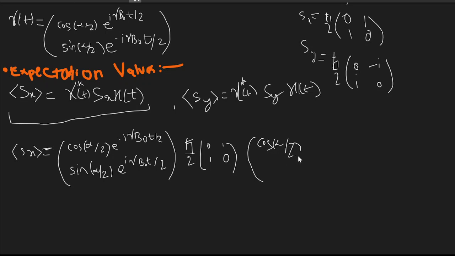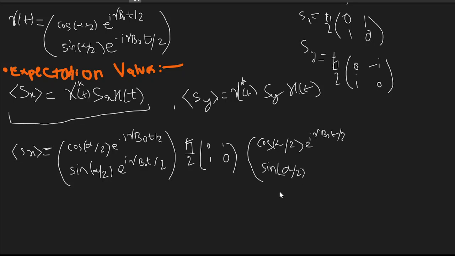2. Cos alpha divided by 2 e to the power, no, in this case, it will not be negative because we are not taking the complex conjugate of this particular part. I gamma b naught t divided by 2. And here it will be sine alpha divided by 2.